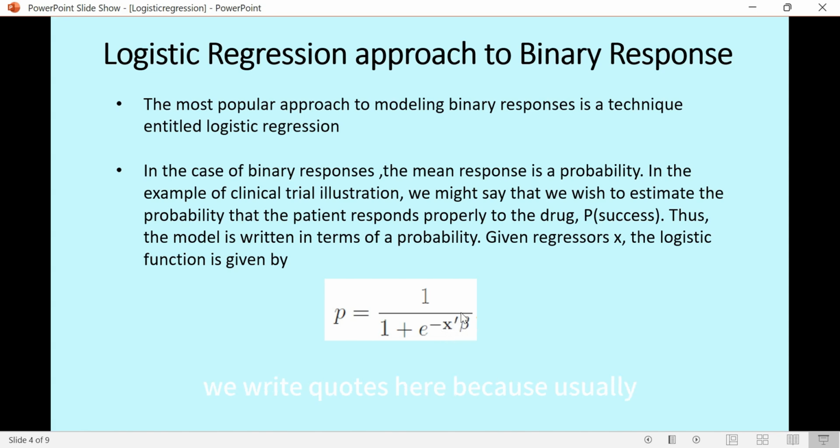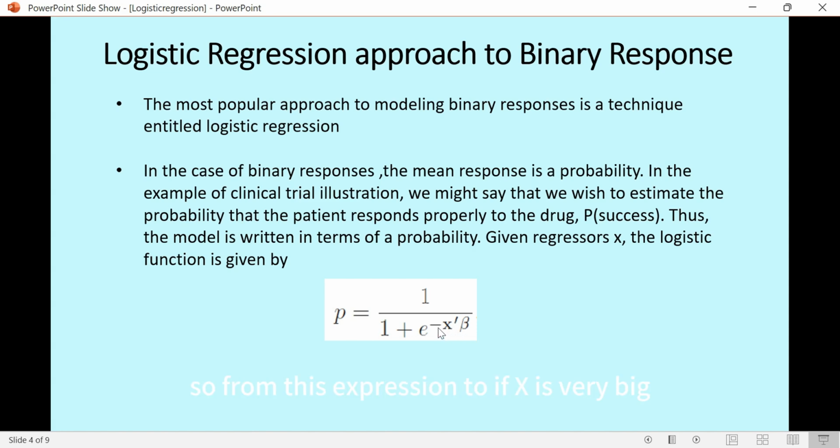We write x' here because x can be a vector of multiple independent variables, and it is a column vector. So x' is a row vector and beta is a column vector. A row vector times a column vector gives a scalar. And remember, there is a minus sign here.